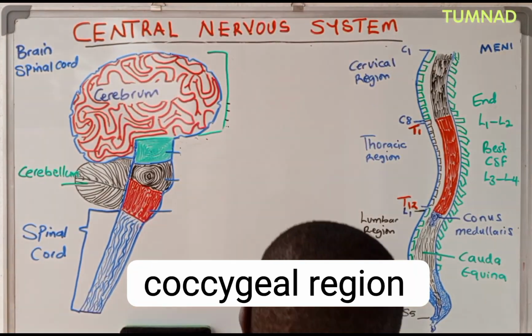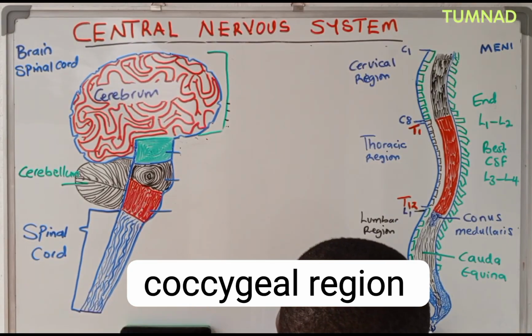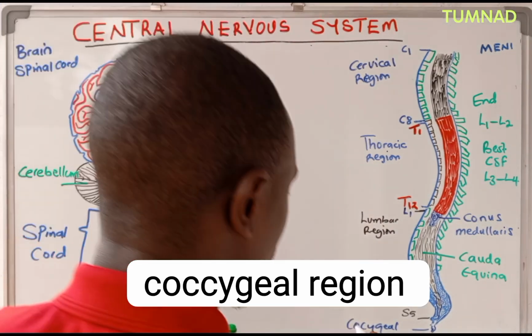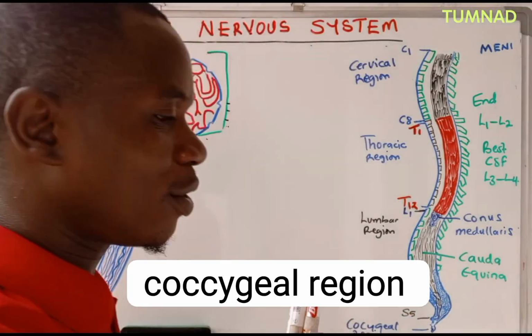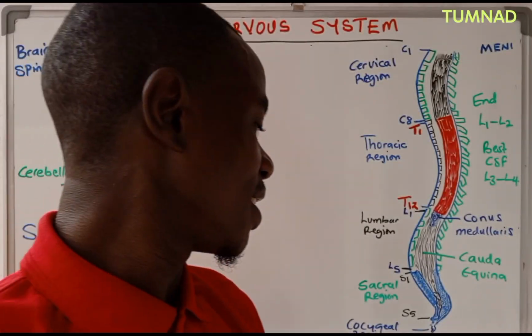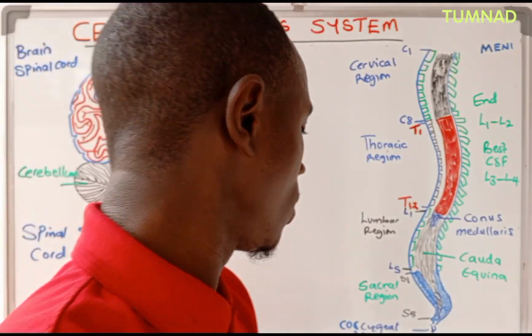Okay, how do we call this area? This area here is what we call the coccygeal region, and it is also a region. Okay, because we also have a spinal nerve that exits from the coccygeal region.